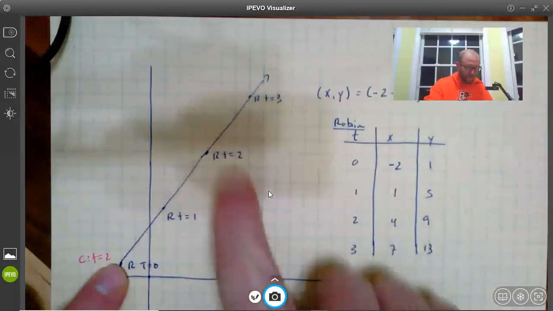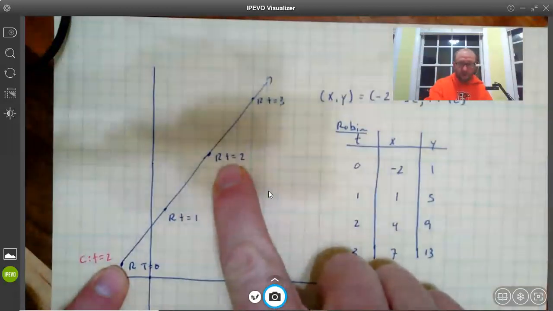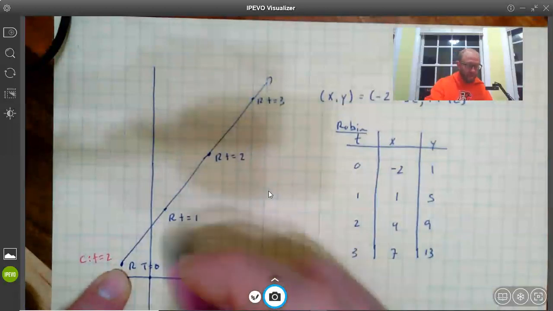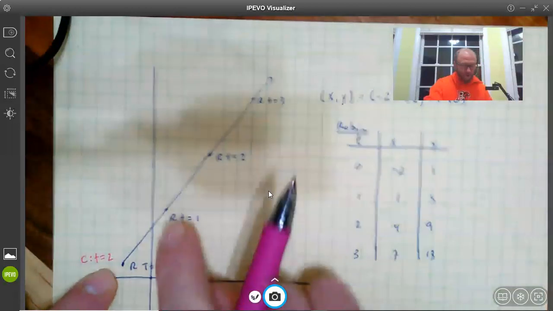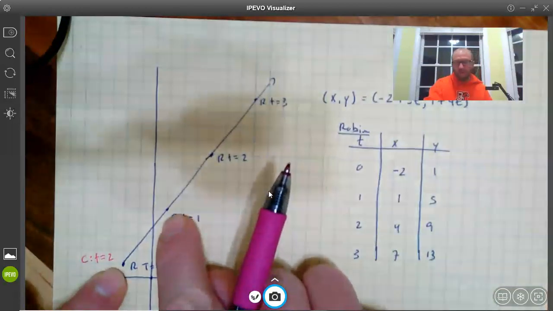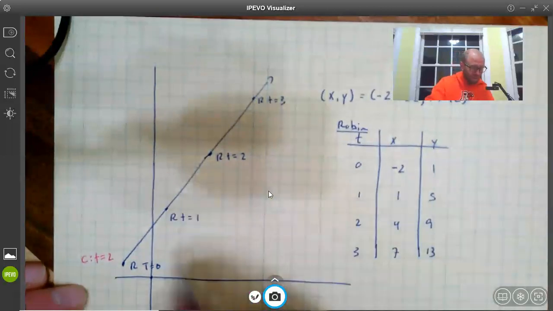So at time equals 2, here's Robin, here's Casey, 10 kilometers back. And we know that's 10, by the way, because this is that 3, 4, 5 triangle. So Robin is traveling 5 kilometers per hour. We've done all that before.